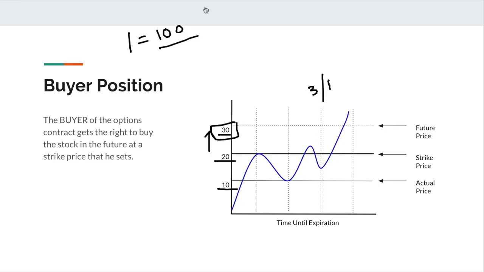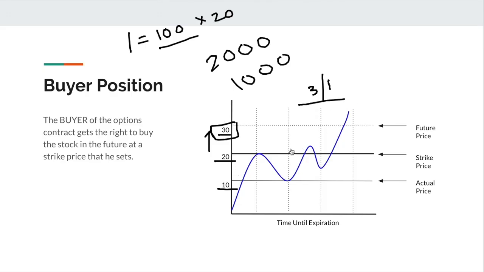So if you have 100 shares times $20 and you just bought all these shares for $2,000, that means you just profited $1,000 right off the bat because you had the option to buy at $20, although the stock is trading at $30, as long as you execute before March 1st.